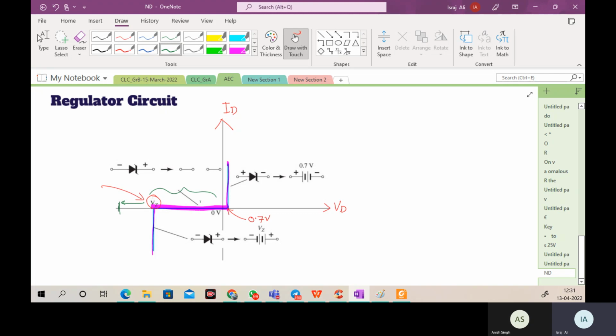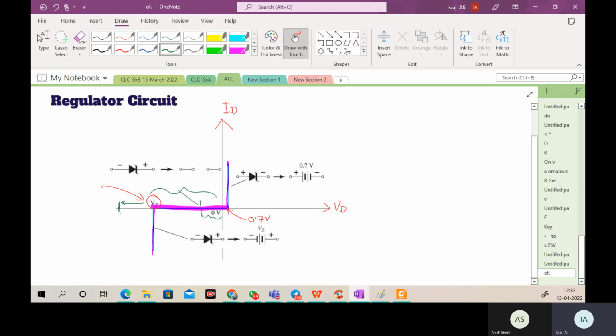Now look here. If I point my reverse bias voltage at the green marking point, will my Zener diode be on or off? The Zener diode will be off. Why? Because look at that. What is the reverse bias voltage I am getting? That much voltage.